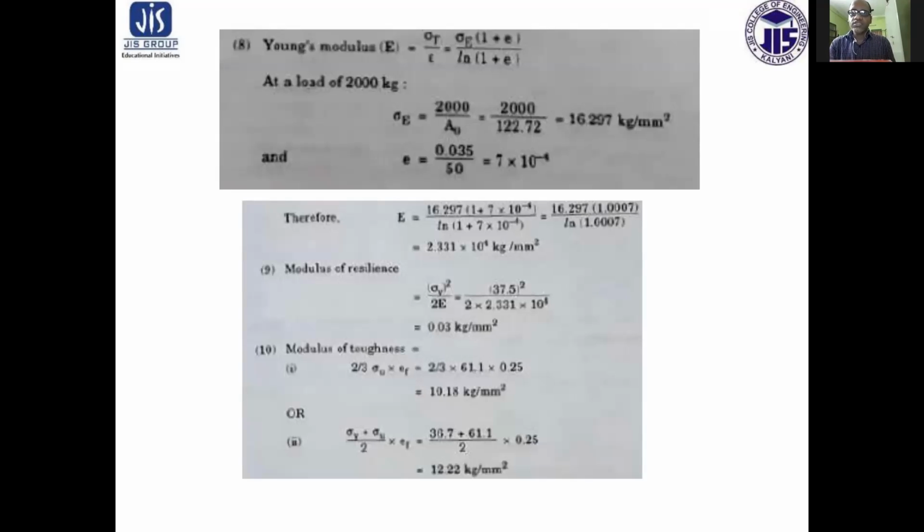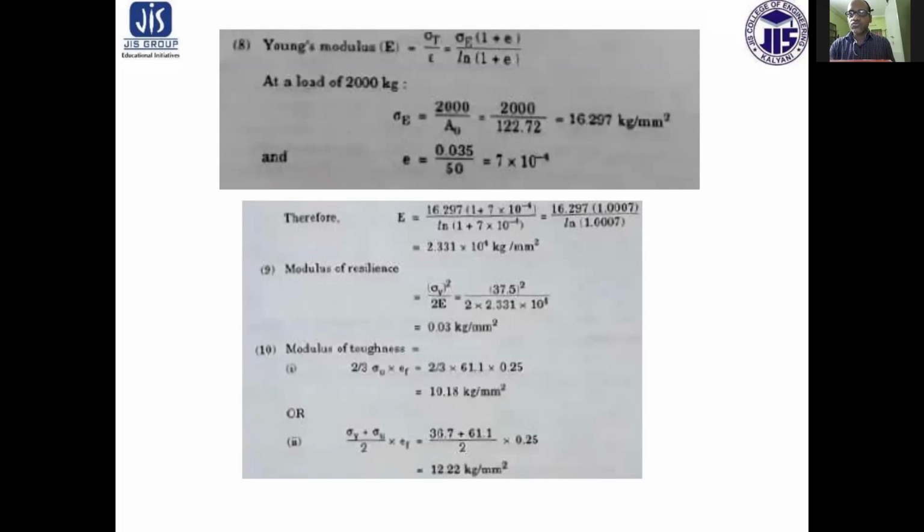Now next is Young modulus. Young modulus E is given by sigma T divided by epsilon T, where epsilon is the strain and sigma T is the true stress.